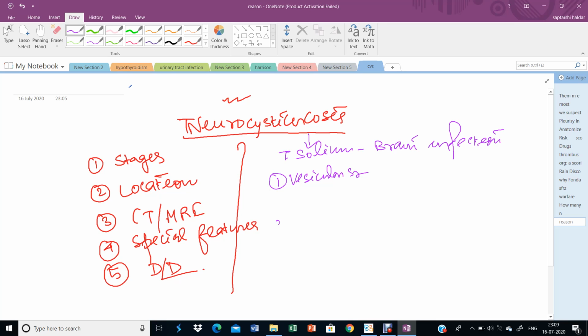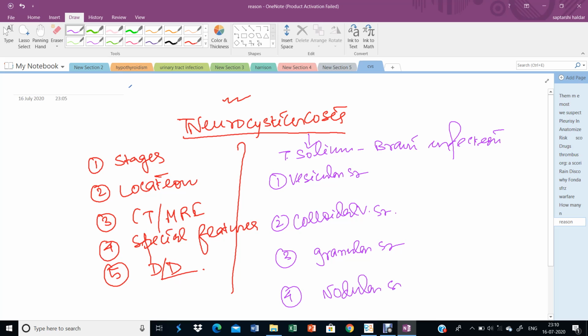Stage 2 is known as colloidal vesicular stage. Stage 3 is known as granular stage, and stage 4 is known as nodular stage. So these are the total 4 stages.